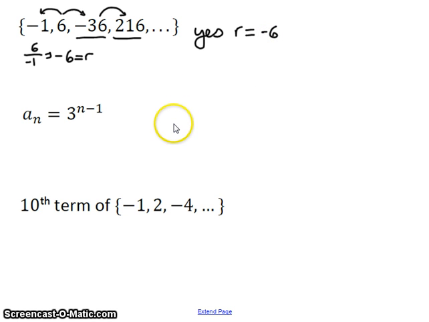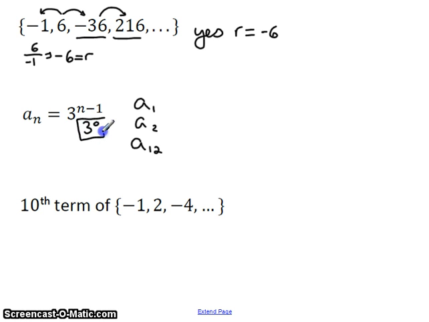Okay, so suppose I wanted to get the first couple of terms of a sequence that was defined with this formula. Well, that's pretty easy. Really all I have to do is substitute my value of n that I'm looking for. So if I'm looking for a sub 1, a sub 2, and a sub 12, let's say, here's how I'm going to do that. This is my n value, so I'm just going to plug that in. 3 to the 1 minus 1 is 3 to the 0 power.